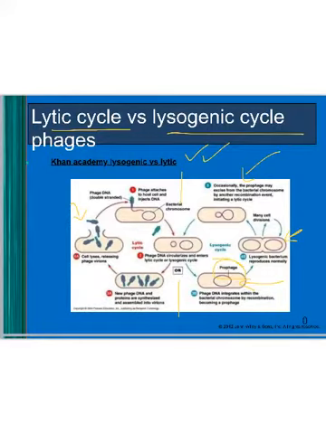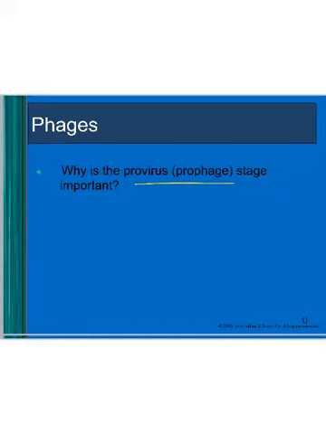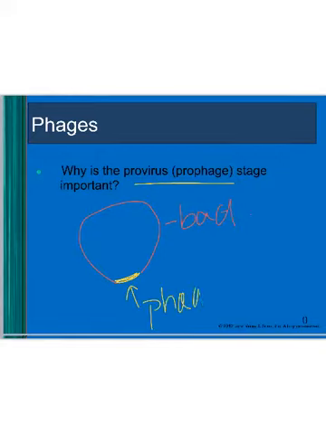Now, the prophage is important because, if this is our bacterial DNA, and here's our phage DNA. So this is the bacterial, and this is the phage, and this thing is called a prophage.